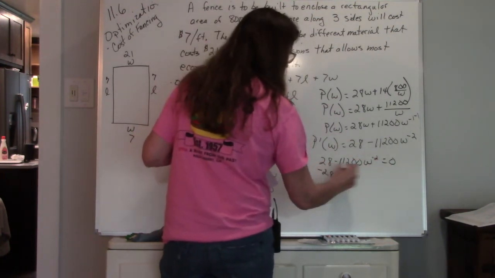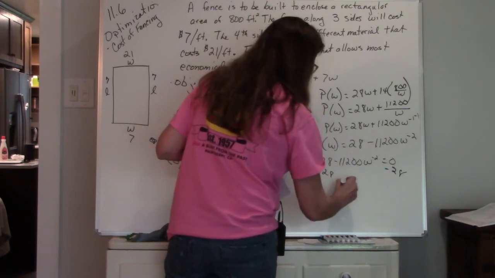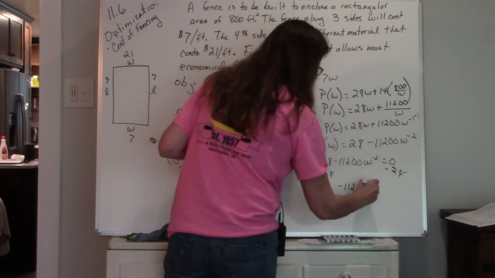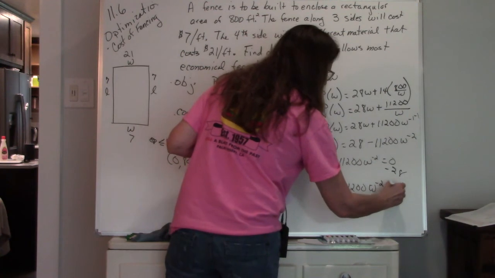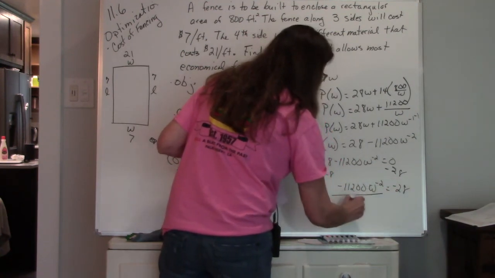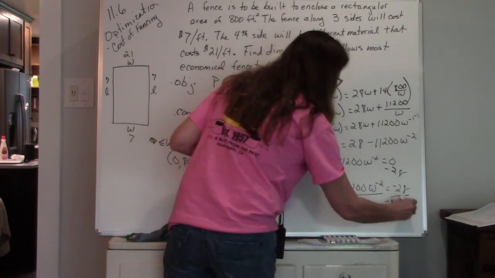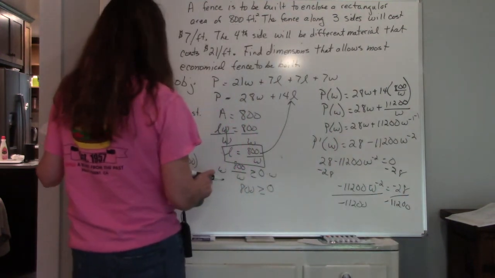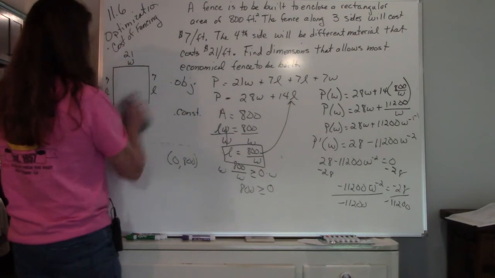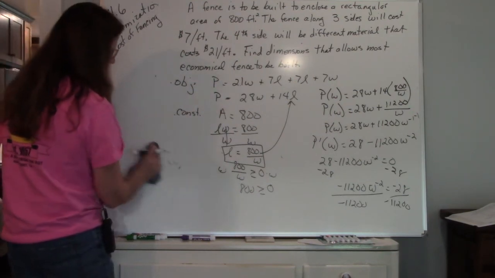So I'm going to subtract off 28. Divide by negative 11,200.